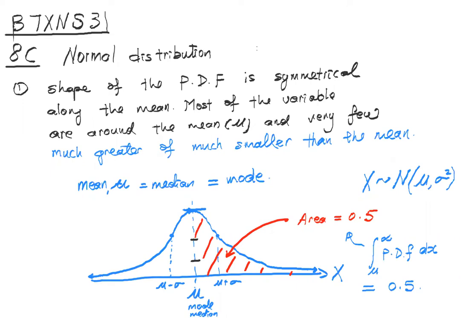Can you please take some time to write it down? Talk about the area. Talk about where is the inflection point. And talk about the relationship between the mean and the mode. Here I written down one already. So this is one of the characteristics.